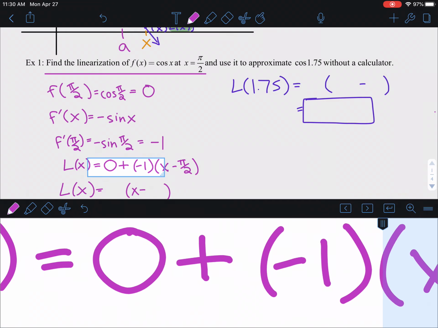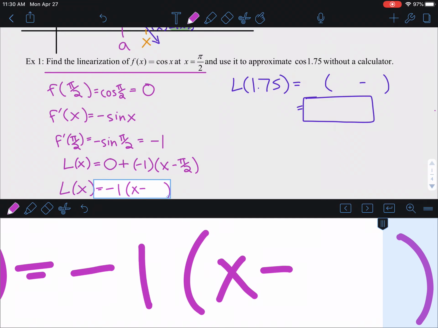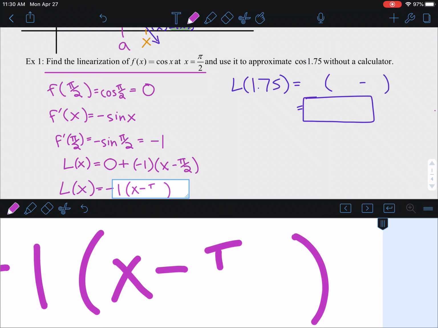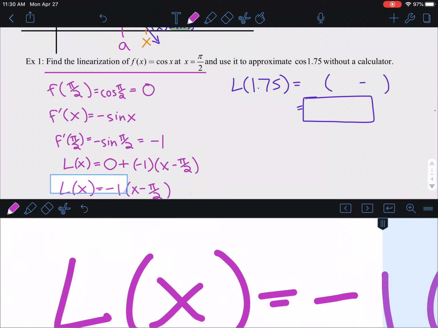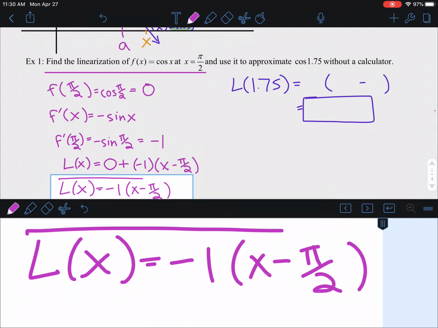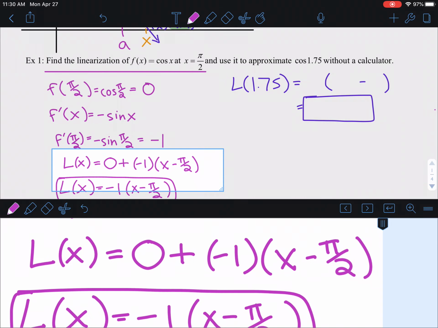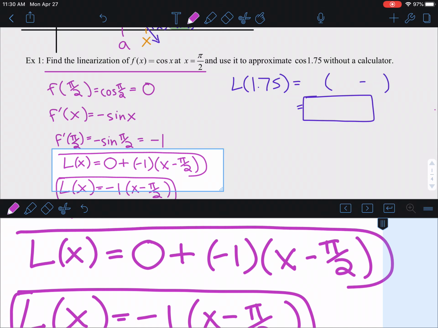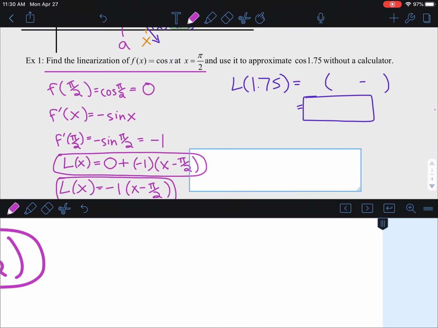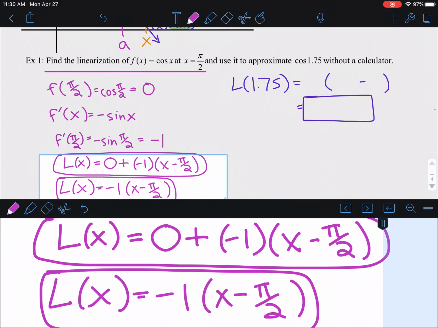And so the 0 is going to go away, and I'm going to get just negative 1 times x minus pi over 2. And to be honest, if I asked you on a quiz or a test, you could leave it like this as well. You don't have to distribute and combine the like terms. That's okay. Really anything like this will do just fine.